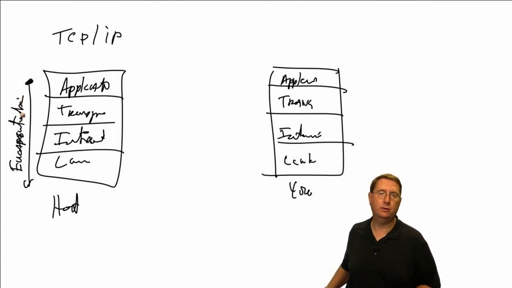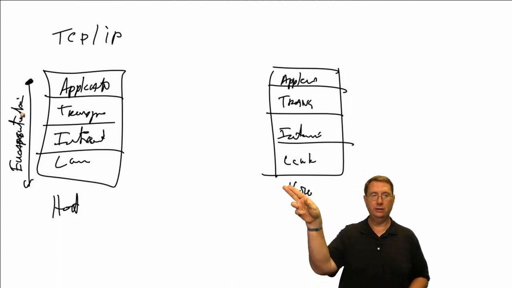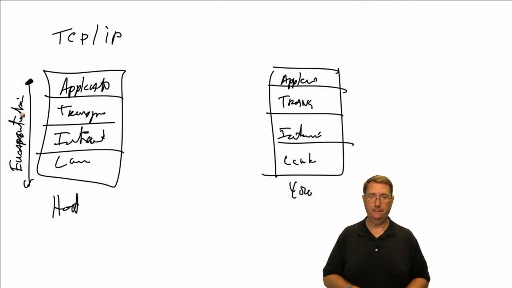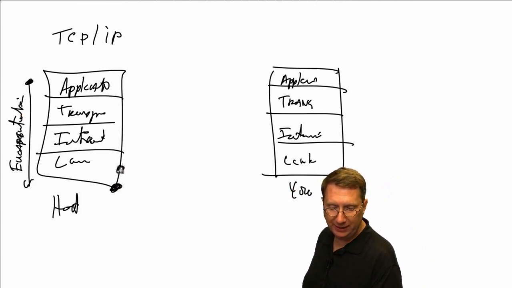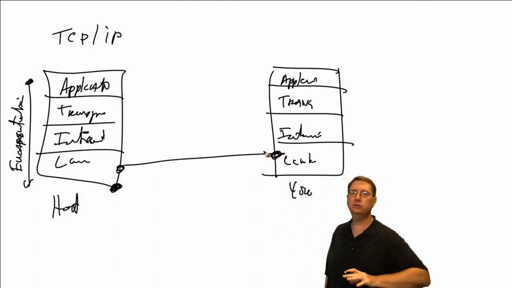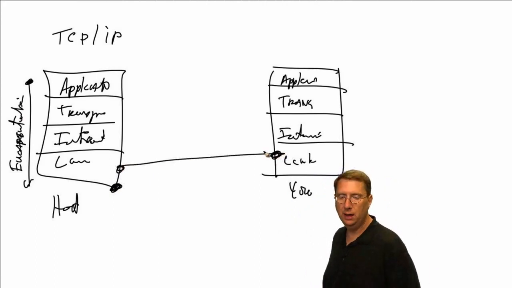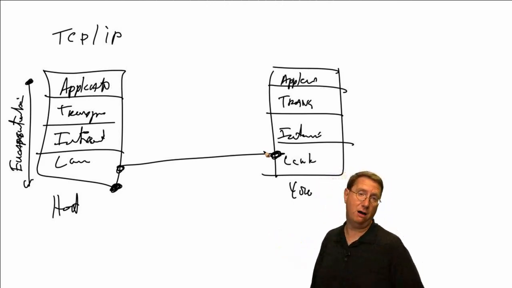So I'm encapsulating the traffic, which means I'm going to be adding headers to it. So I'm going to have a layer 1 header, a layer 2 header, a layer 3 header, a layer 4 header. Now, when that goes out the link layer, bear in mind this is going to be an Ethernet connection for most purposes, going through switches, but we're using transparent bridging, so we can ignore it at this point, to communicate between your PC here and my PC over there.